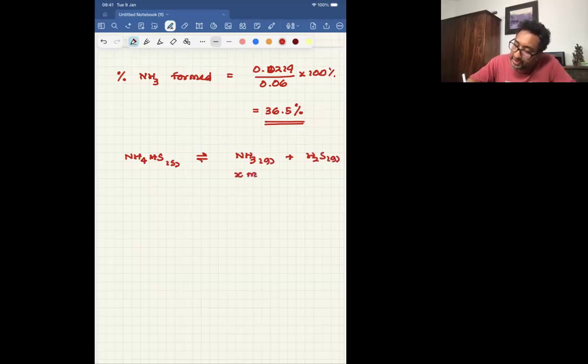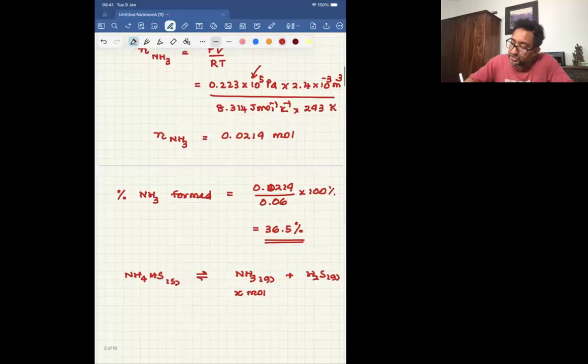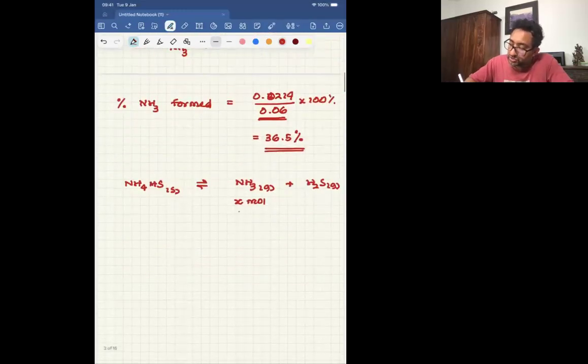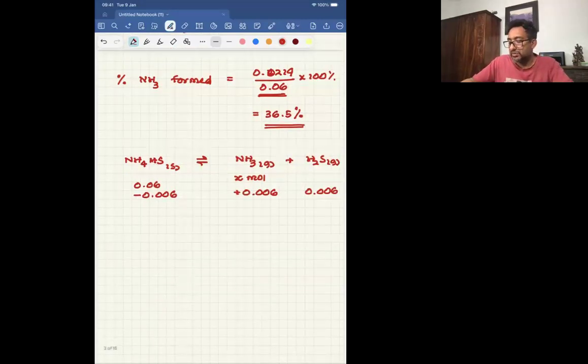The dissociation has gone down to 10%. You started with 0.06 moles, so 10% is 0.006 moles. It has gone to 0.006 here, and here also you get 0.006. So that is the equilibrium.